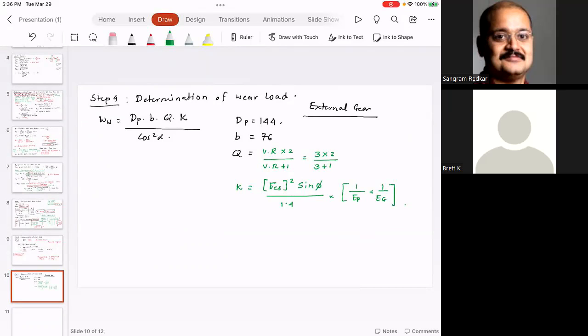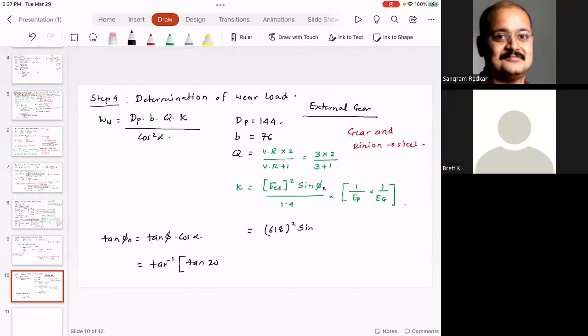Since the pinion and gear are both made of steel, sigma ES is 618 square sine of phi n. To find phi n, we use the equation tan phi n is equal to tan phi cosine alpha, which means phi n is tan inverse of tan phi cosine alpha.